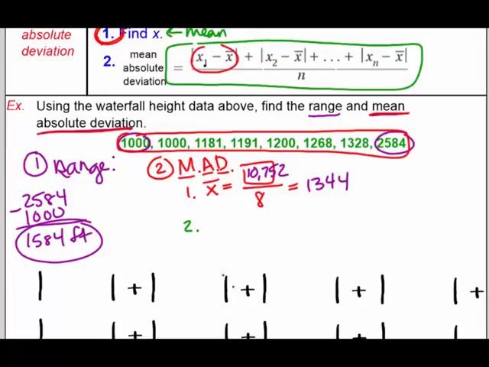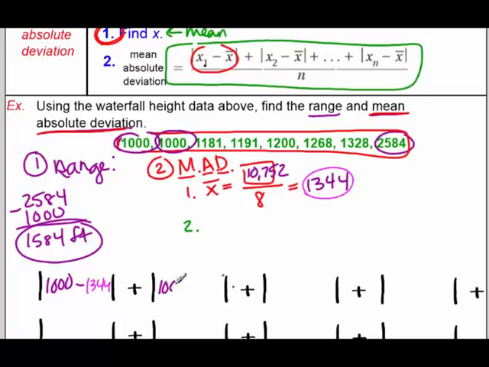So to start off here, I'm going to take my first data point, which is 1,000. I'm going to take 1,000, because that's my x1, and I'm going to subtract it from my mean. So 1,000 minus my mean, which is 1,344. Okay. My second data point, another 1,000.